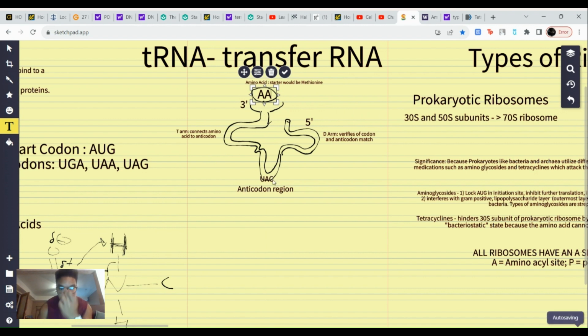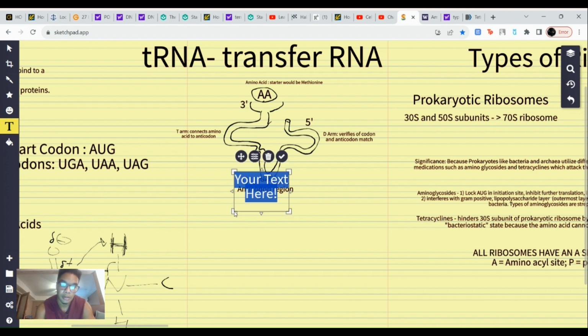And connects it with the anticodon. This region right here is the anticodon region. It's going to be the thing that matches up with the mRNA codons.